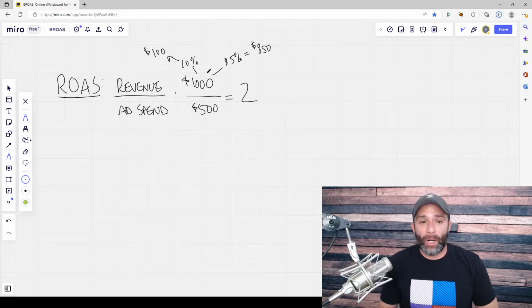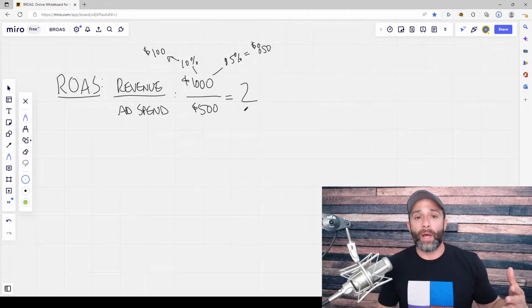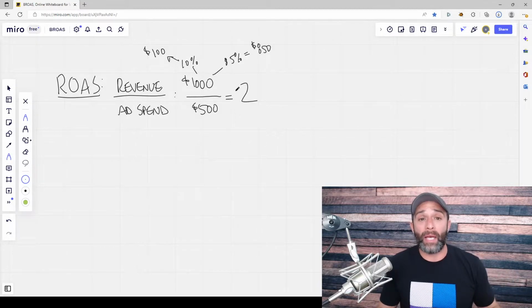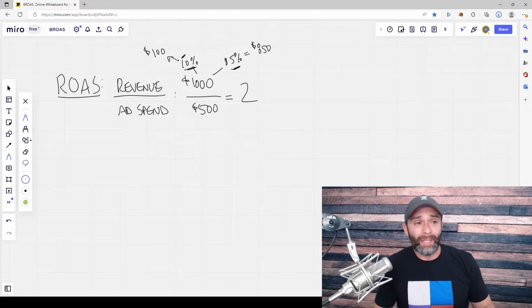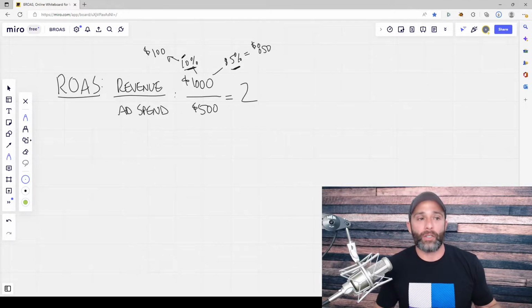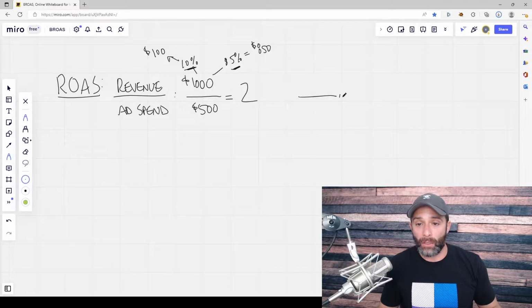So the reason I'm breaking this down is because ultimately, to answer the question, what is a good ROAS, it's going to completely depend on what this profit margin is. There's a term that we've coined internally that we call the B ROAS, your break-even ROAS. So which number is going to be the point where you make $0, okay?